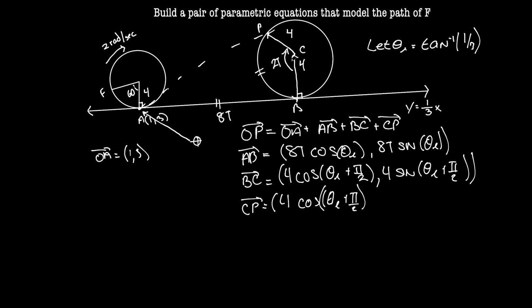So now we're going to be looking towards C. So we want to subtract pi so that we can subtract another 2t to look at P. So minus pi minus 2t. And then same for 4 sine theta L plus pi over 2 minus pi minus 2t.